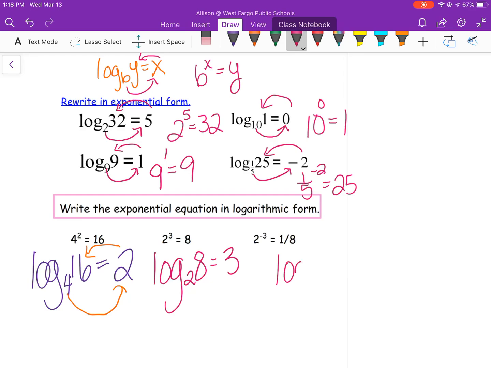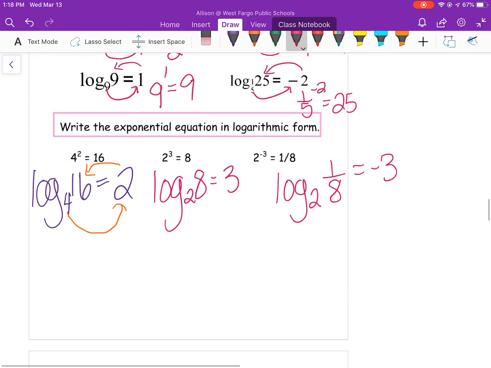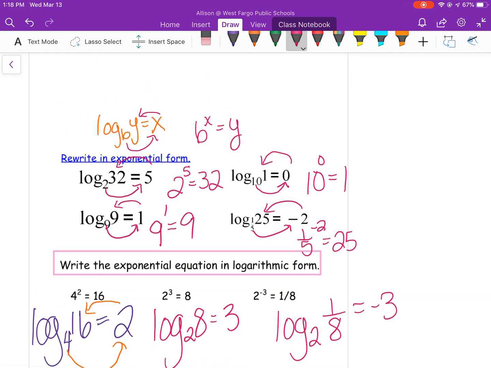Or log base 2 of 1/8 equals -3. So we're just going back and forth between exponential and log form. It takes some practice, but I like to use the arrows to remind me that I go from the b to this power equals what's inside.